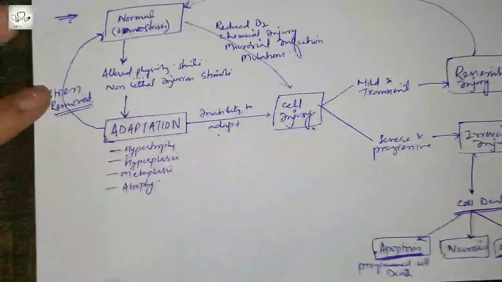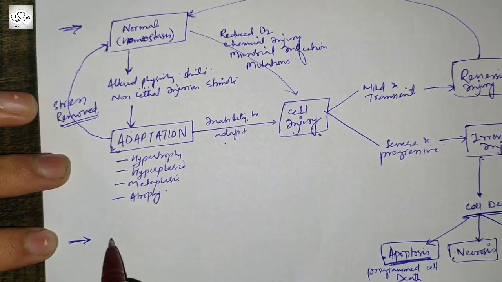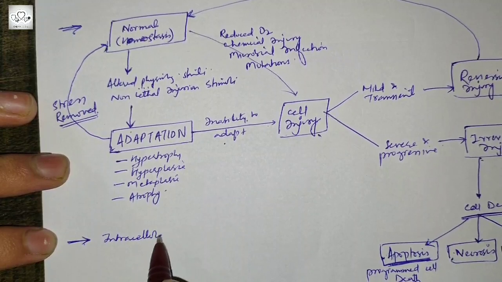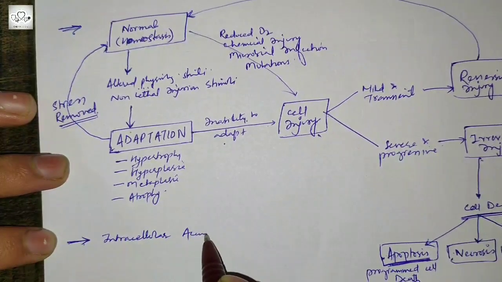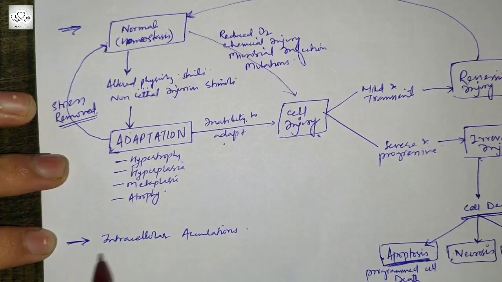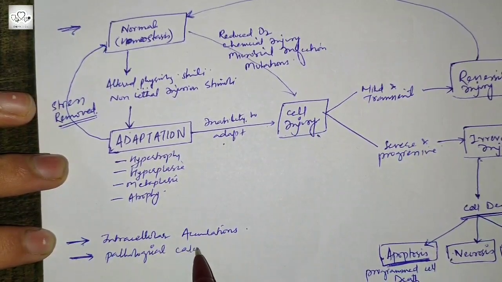Followed by this, there are certain other small changes or other responses that may also occur, which include intracellular accumulations. Intracellular accumulations of various substances may occur, and then there may be pathological calcifications, and there might also be cellular aging.